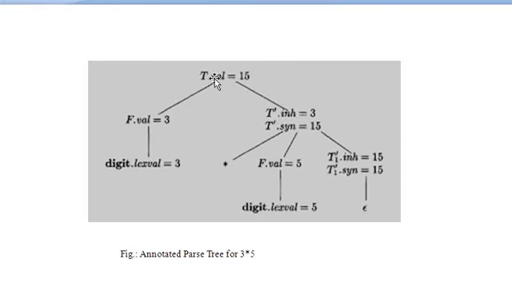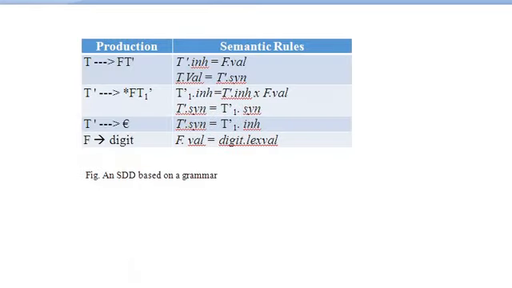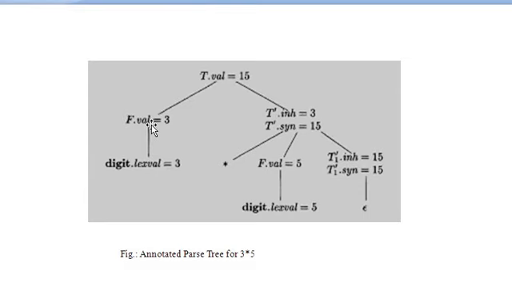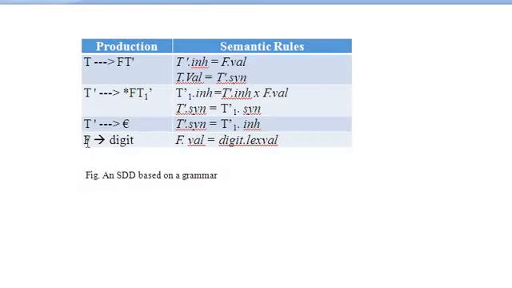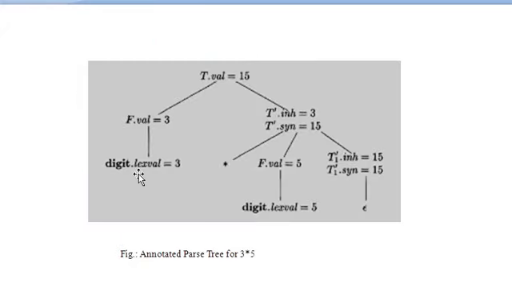T gives F T dash. F gives digit. Here digit dot lexval is equal to 3, so F dot value is equal to 3.